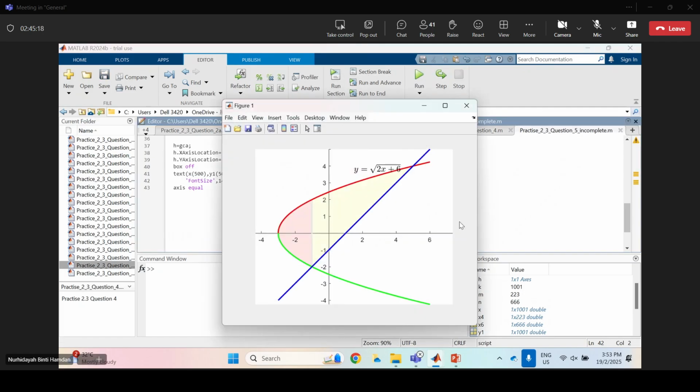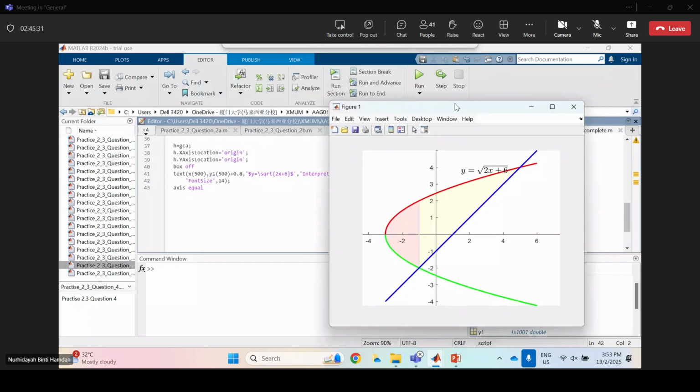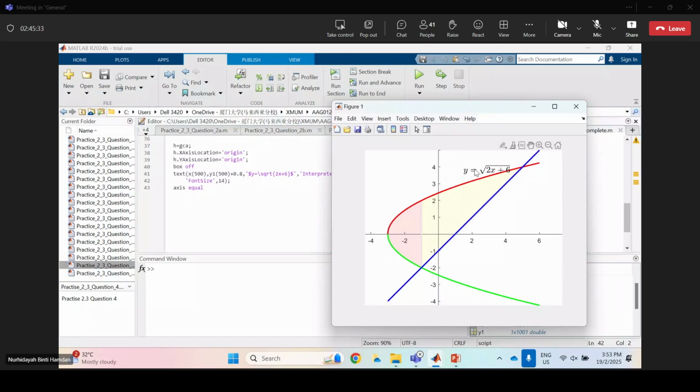So here, square root 2x plus 6. It's incomplete. Please adjust it a bit up. Maybe you can put here as 1, I think. Okay, a bit up.